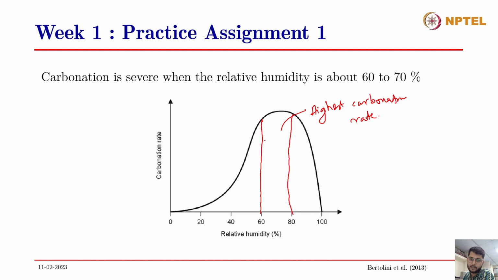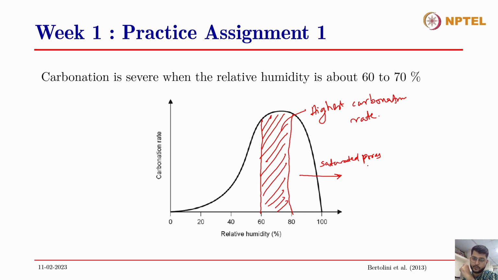And this usually happens because, beyond 80%, the pores are saturated. And we know that for carbonation to occur, carbon dioxide has to get into the concrete pores, right?